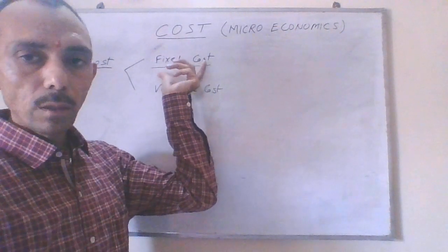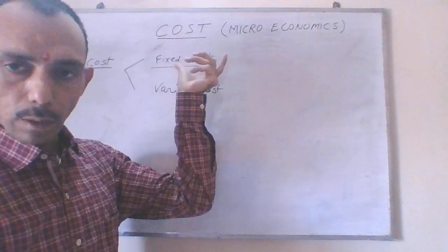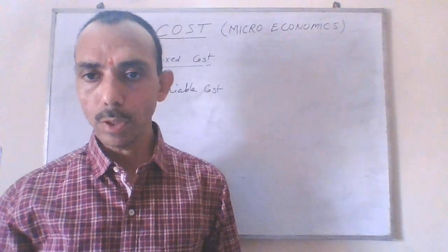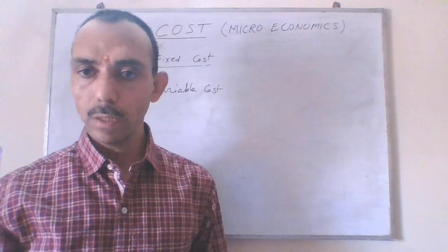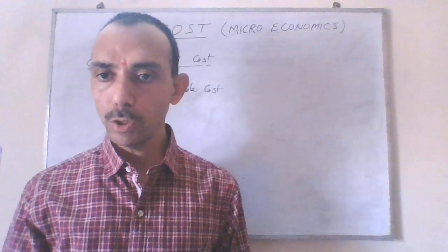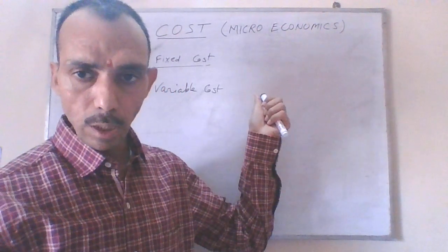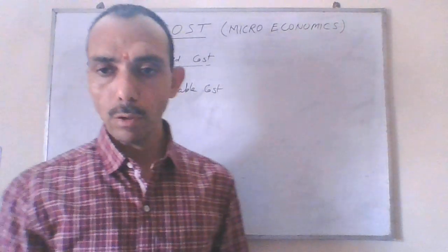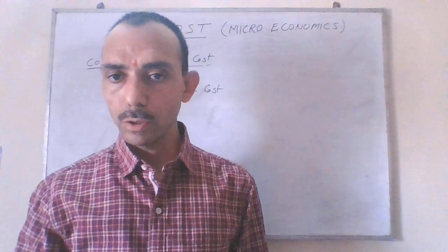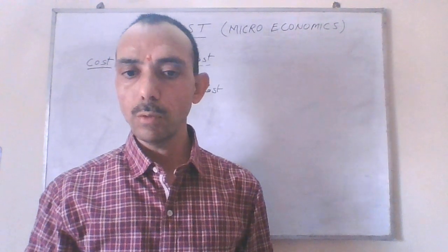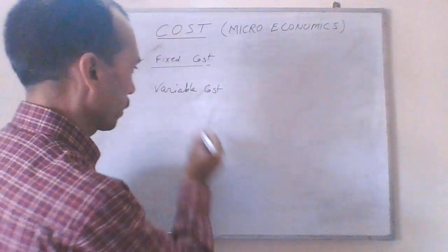This is the indirect cost. As the output is increased, the fixed cost remains unchanged. Whatever the level of the output, fixed cost remains unchanged. Either the production is increased, decreased, or even in the case of zero output, the fixed cost remains the same. While variable cost is also known as direct cost. Variable costs are those costs which change due to change in the volume of output.